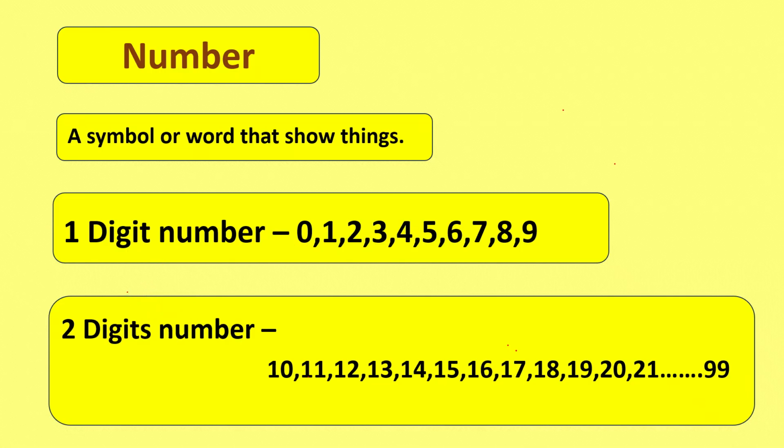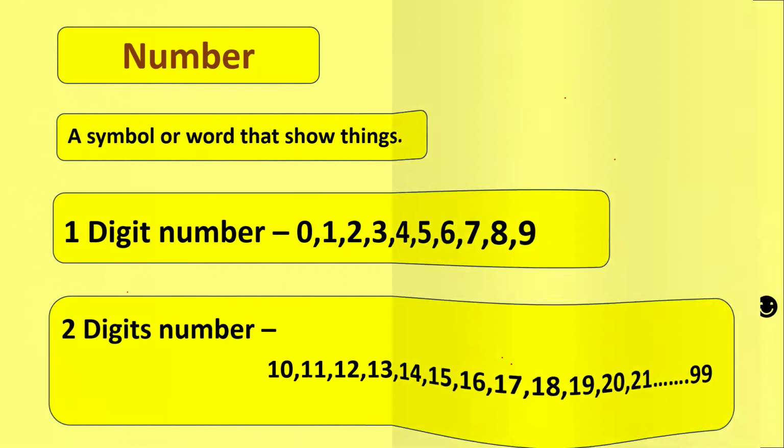Look at here. If you have a doubt about a two digit number, just remember that it starts from 10 and goes on to 99. And a one digit number starts from 0 and goes on to 9. Clear? Okay, look at the next one.